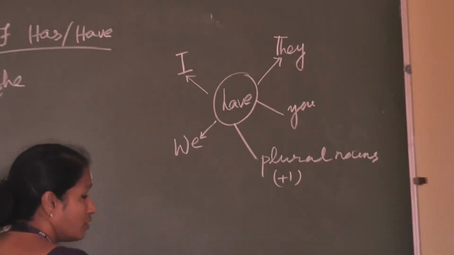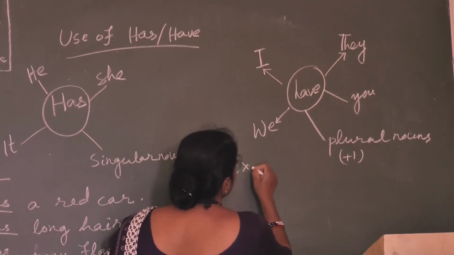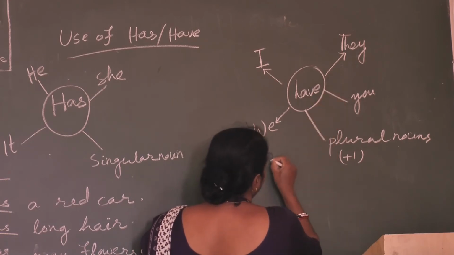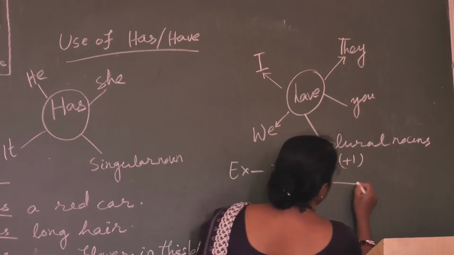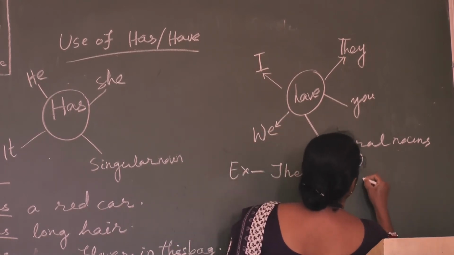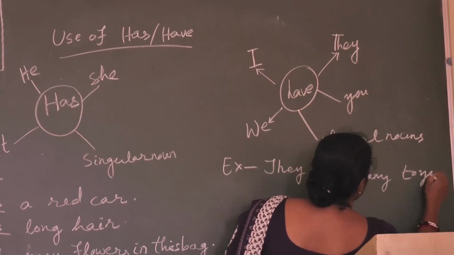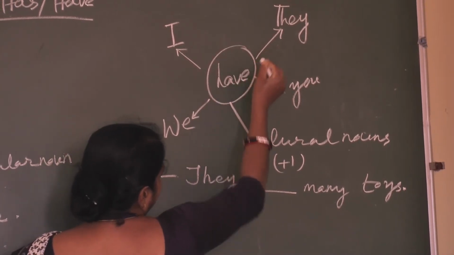Okay, children. Now see some examples here. We use have for they. They dash many toys. We use have for they.